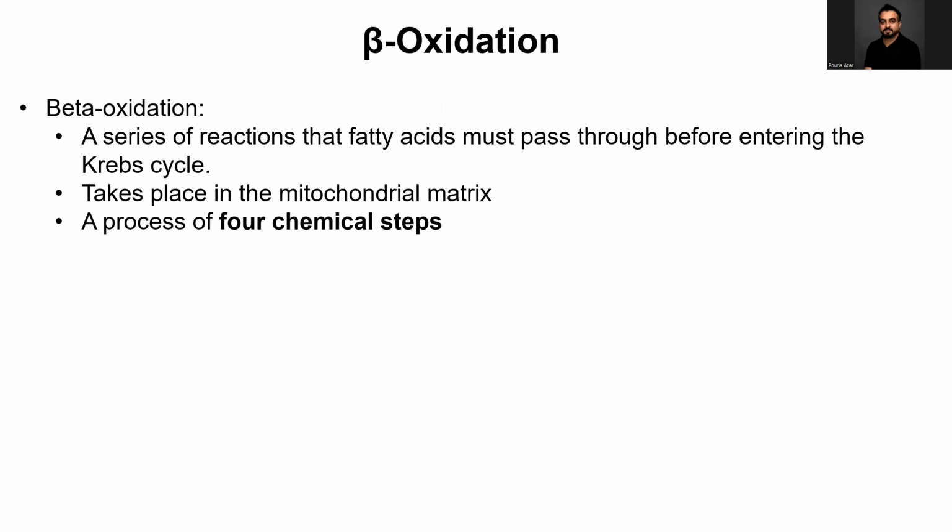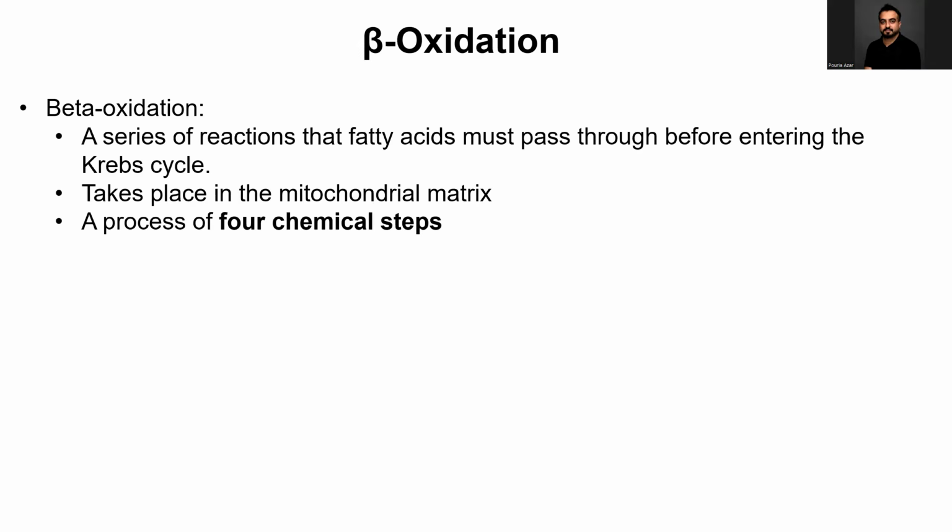Beta oxidation is a series of reactions that fatty acids must pass through before entering the Krebs cycle. After entering the Krebs cycle and the electron transport chain, all those reactions are identical to the oxidation of carbohydrates.